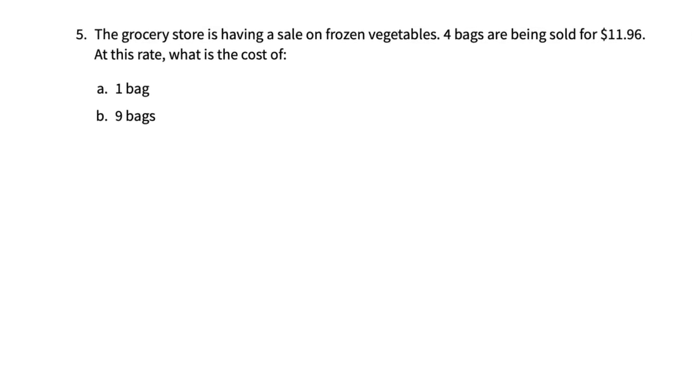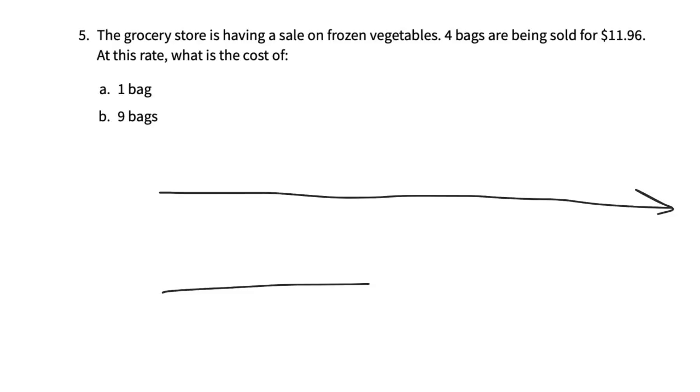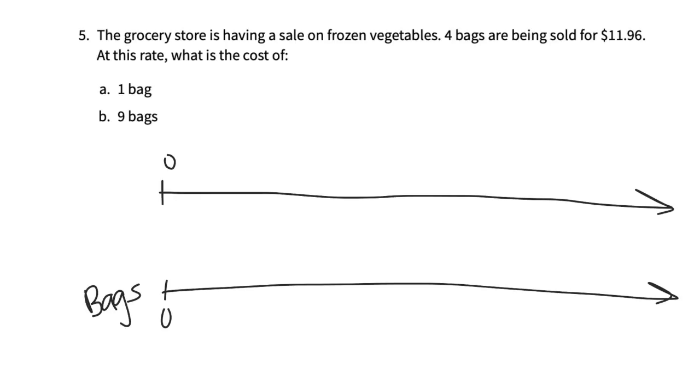All right, this is just more of the same. The only difference is now we're dealing with decimals, so you might want to consider using a calculator to do your money. But the idea is we're going to make our double number line. Here's your 0, here's your 0. In this case, we're going to talk about bags down here and money right here.